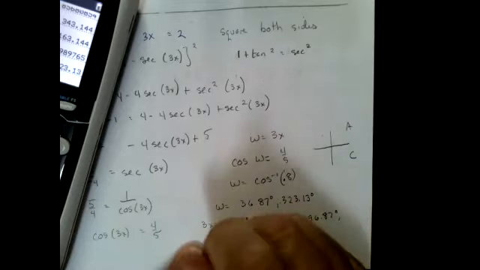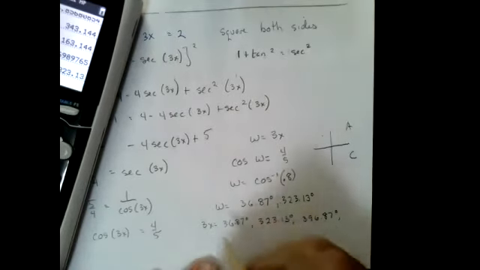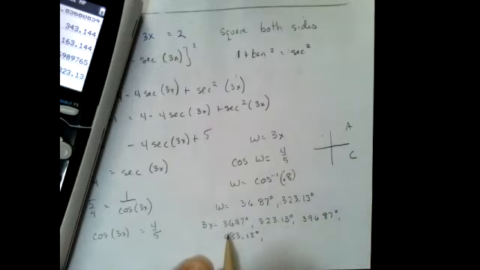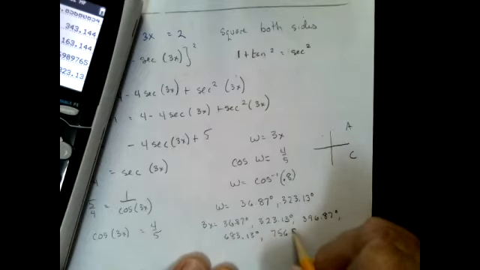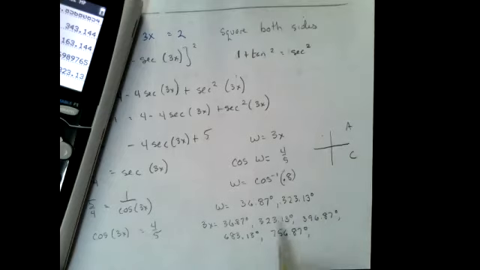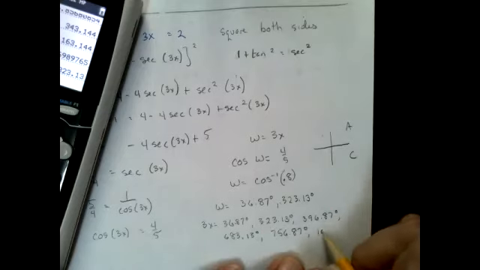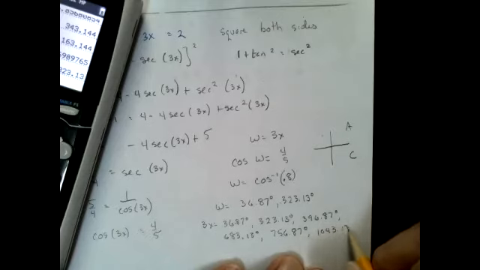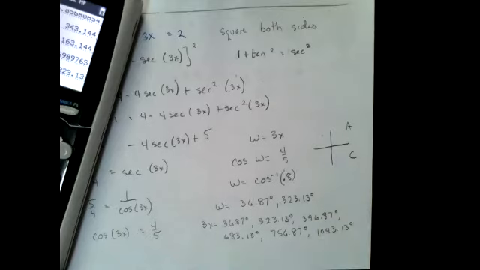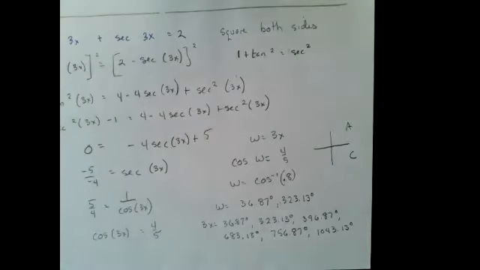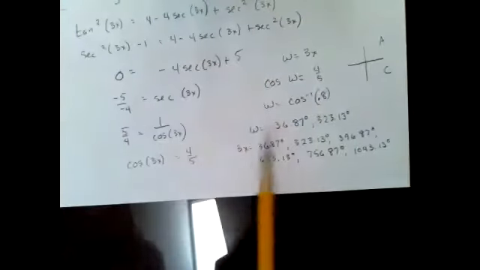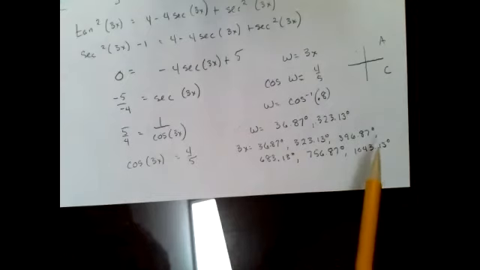Now I'm going to add 720 to this: 756.87. And I'm going to add 720 to this: 1043.13. Goodness gracious, there was a lot to this problem. Am I done? I am almost done. I need to divide each one of these by 3.